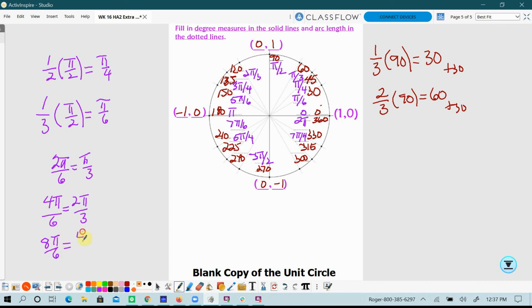That's 4 pi over 3. Nine pi over 6 here at 270, which is still 3 pi over 2. 10 pi over 6 is really 5 pi over 3 at 300.